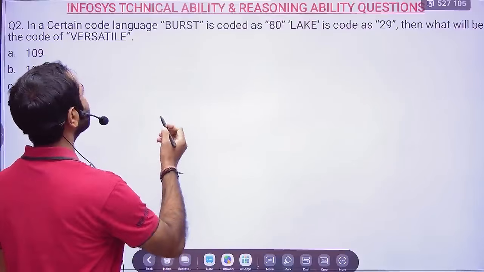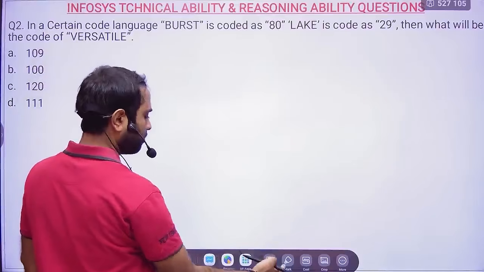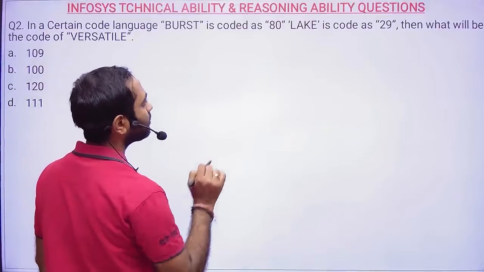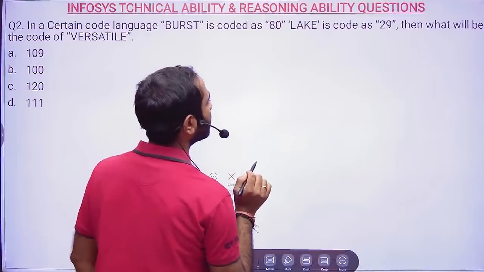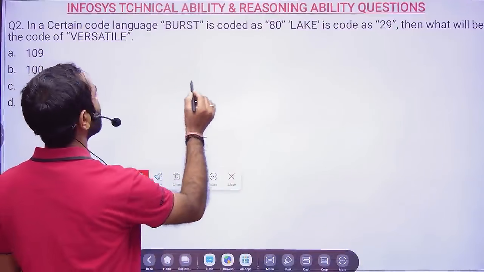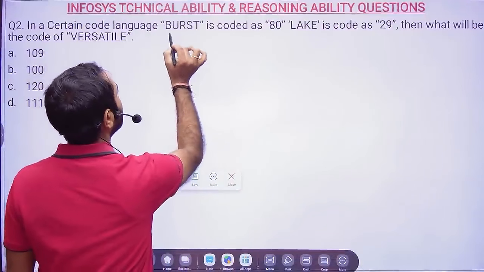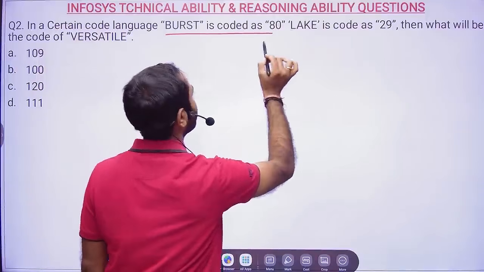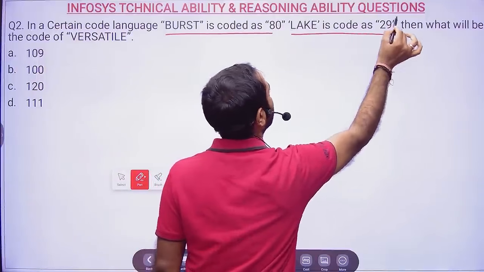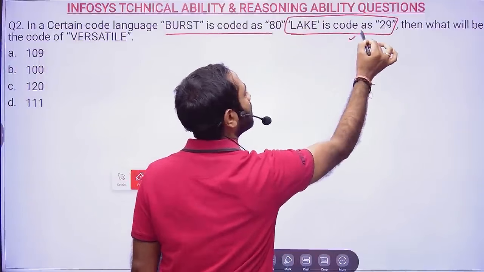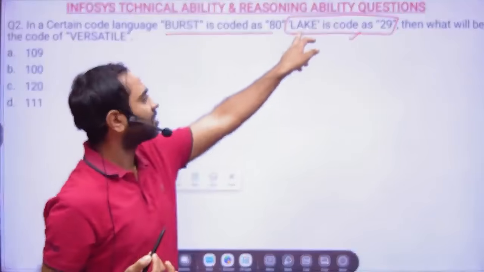Now, in a certain code language, burst is coded as 80, lake is coded as 29, then what will be the code of versatile? Now, friends, it is always suggested that you find the logic where there are fewer letters.